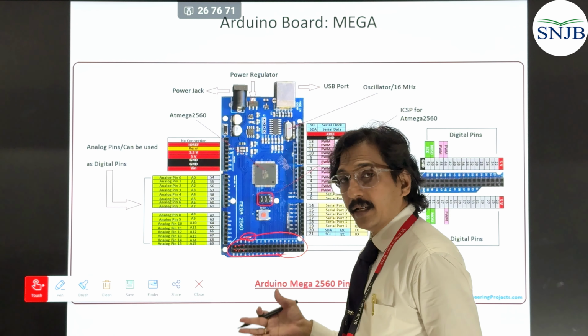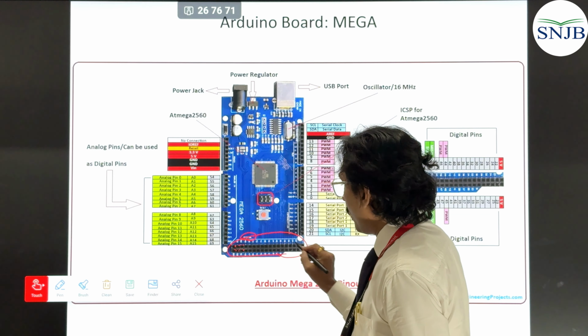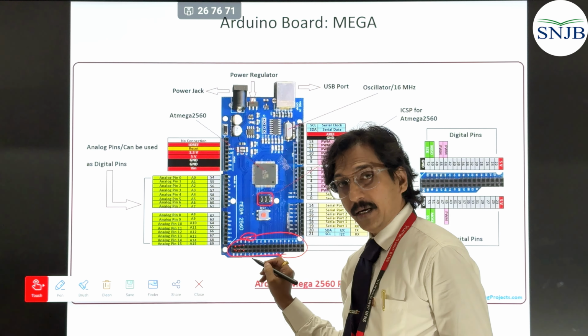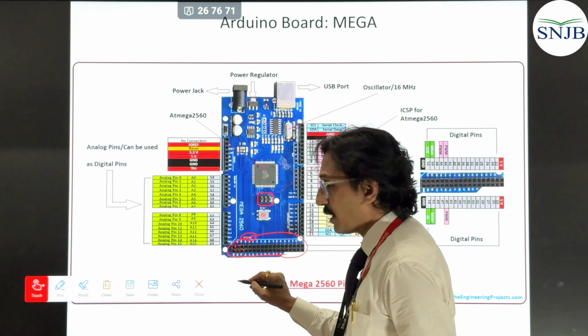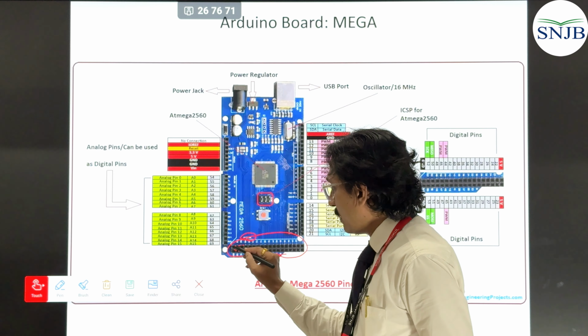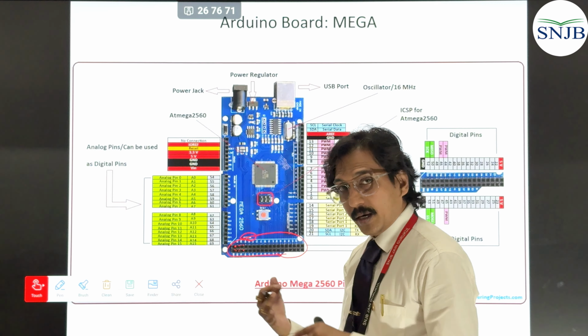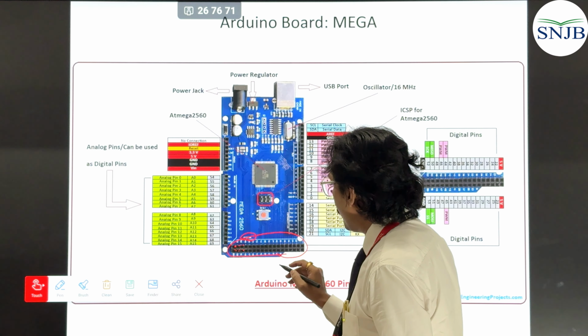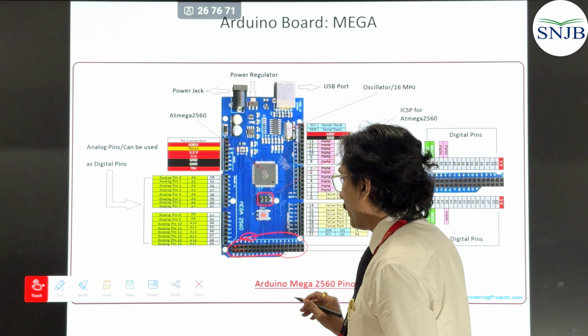These are the digital input output pins, and they get dragged out on the surface of the development board. So you can connect cables on these particular pin sockets and program that particular device. This is what the Arduino Mega development board dedicatedly provides.